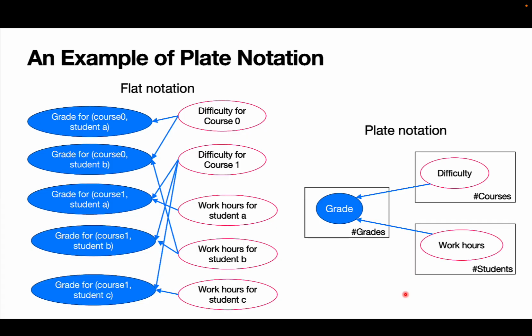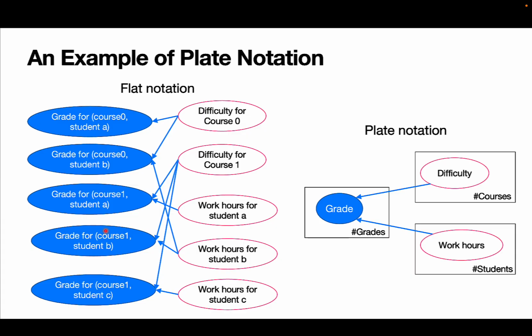In this example, as you can see, all the shaded vertices represent grades for some course taken by students. However, the focus here is on two features: the difficulty of the course and the number of hours the student worked on the homework or the exam. So it doesn't matter which course or which student it is.